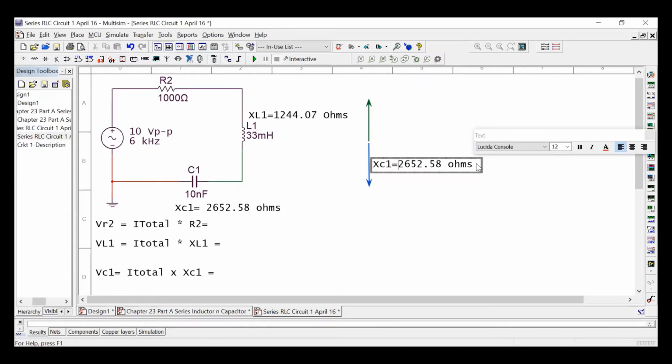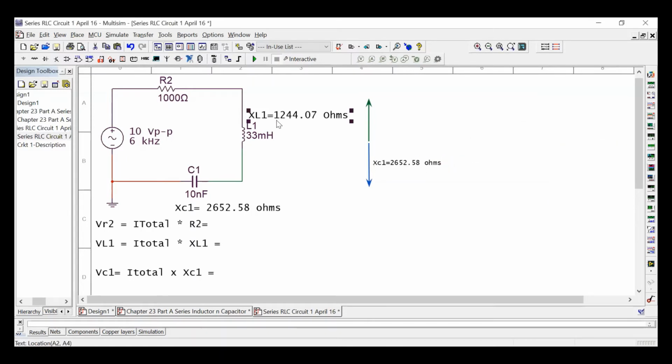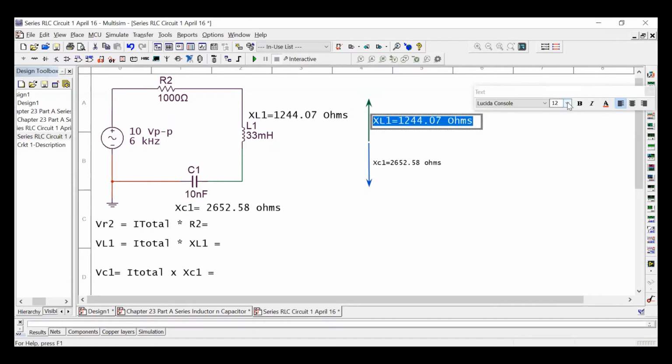I'm going to make this a little bit smaller too. I don't want to take up all my room. Okay, there's that one. So we have these two. X of L is pointing upward and X of C is pointing downward.